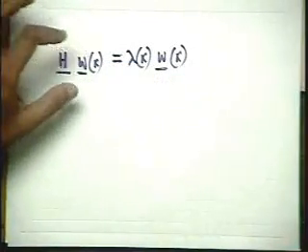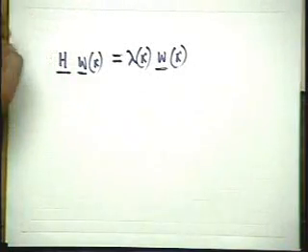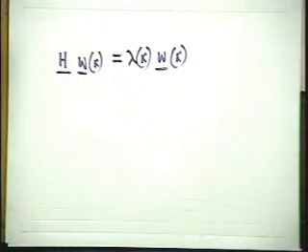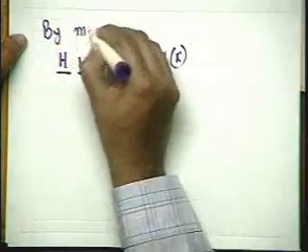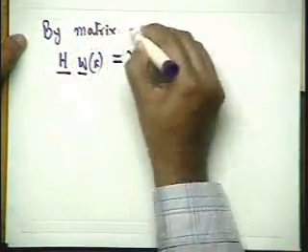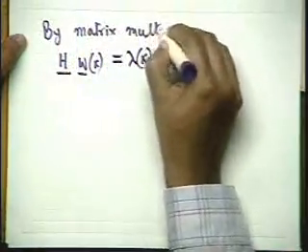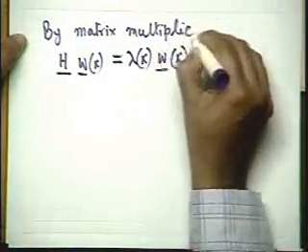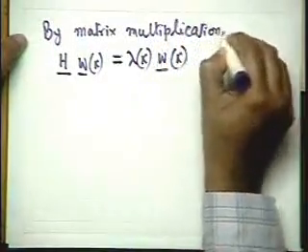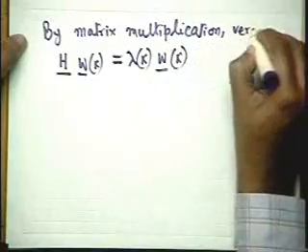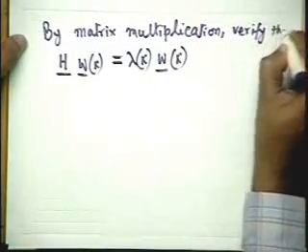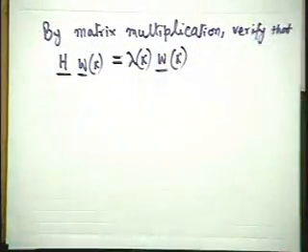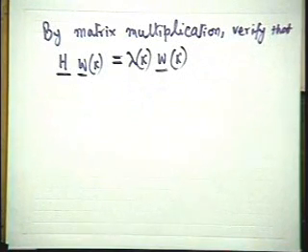H into wk is equal to lambda k into wk. By matrix multiplication, verify that H wk is equal to lambda k into wk.